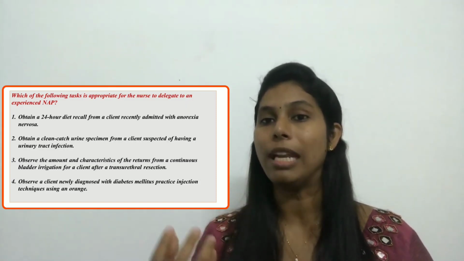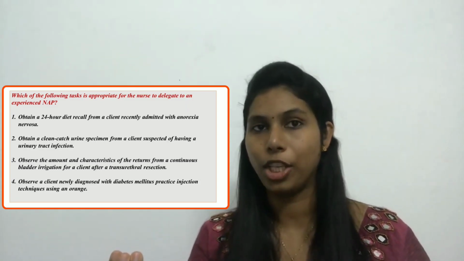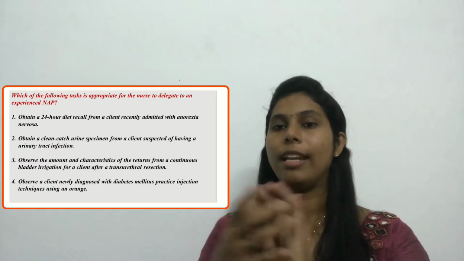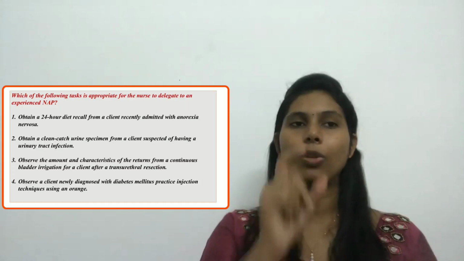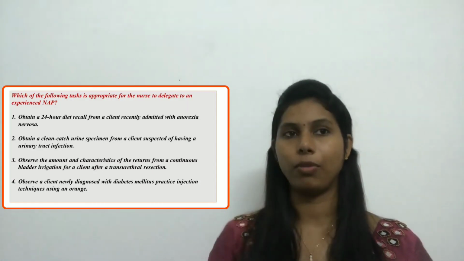If it's bloody, there is a chance of hemorrhage, so we should suspect a hemorrhage. All these things require clinical judgment and assessment, so we should not delegate those tasks to an NAP. So we can eliminate options 3 and 4.